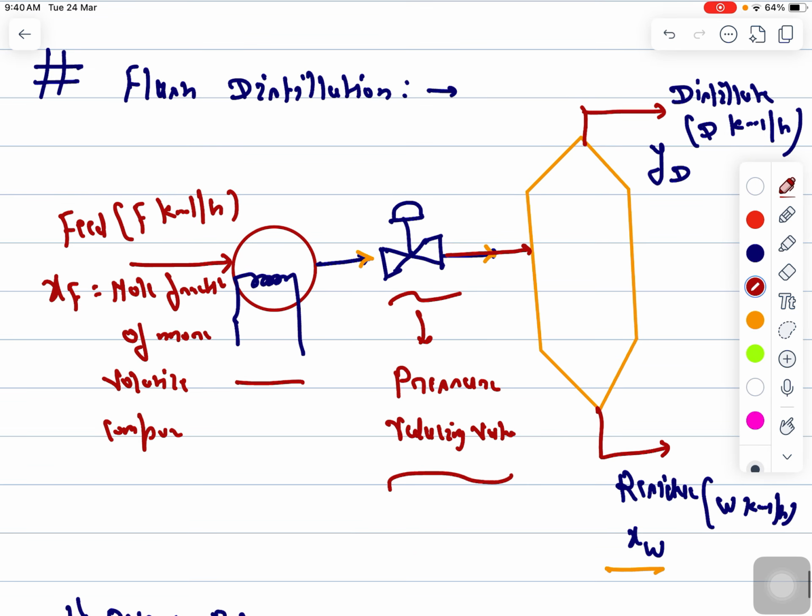Due to this, it will get separated into distillate, where you get a higher mole fraction of the more volatile component, and residue, where you get a higher mole fraction of the less volatile component, that is, the vapor and liquid phase, something like that. Okay, so we'll study these things with the help of a numerical, and then you will be able to understand how these things can be processed, right?